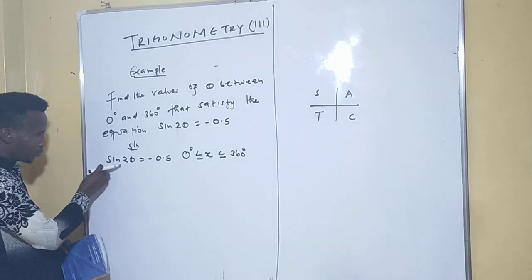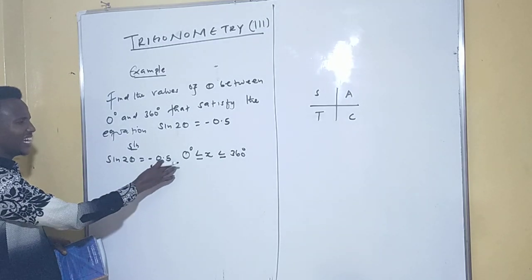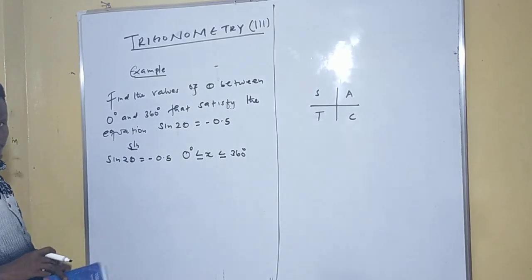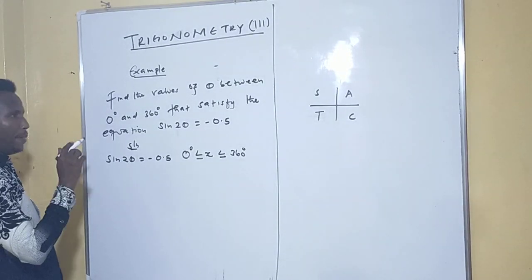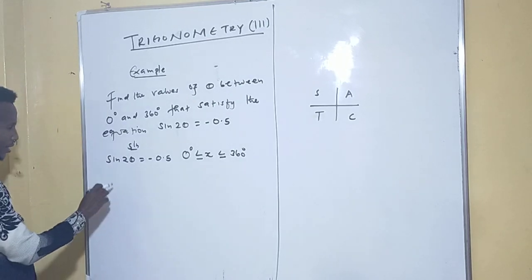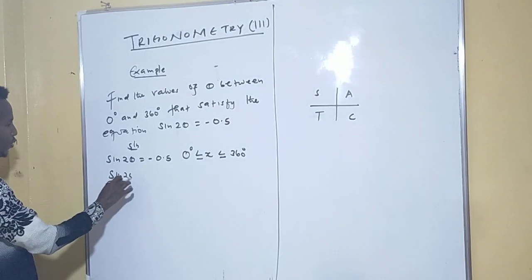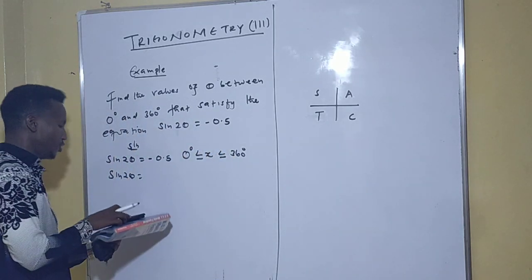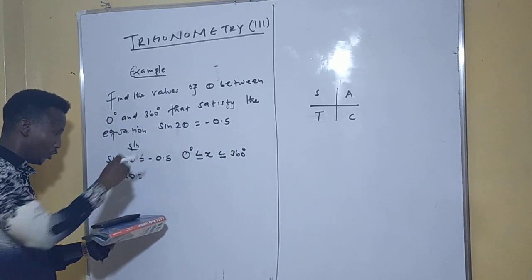We know that up to this point, for this equation, sine is negative. The sine value here is negative. So, bearing that in mind, we are going to say sine 2 theta is equal to, get for me the angle representing 0.5, forgetting the nature of this one.